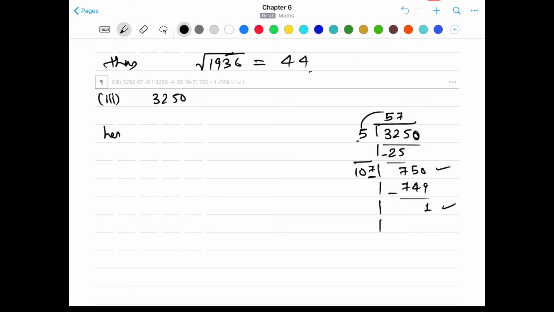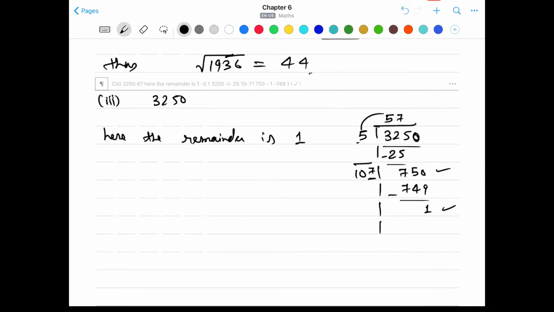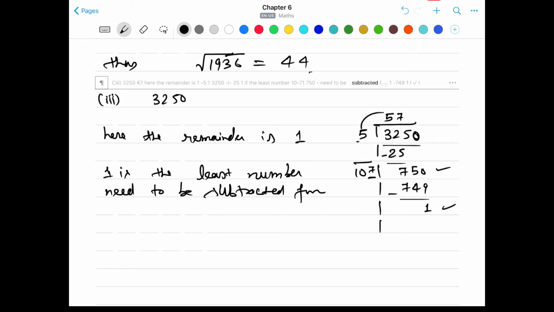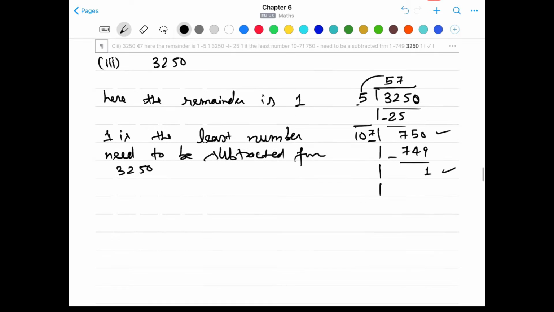So we'll write here the remainder is 1. Since the remainder is 1, 1 is the least number to be subtracted from the given number, which is 3250. 3250 minus 1 will result in 3249.